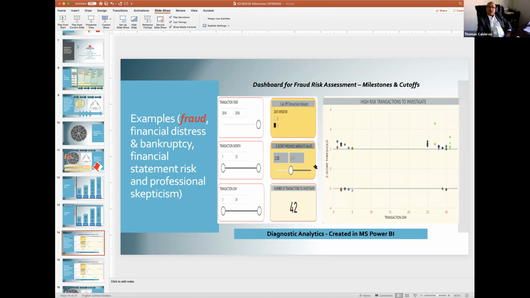Well, a further thing that I did is that I can filter on my z-score. Absolute z-score might go from 0 to, in this case, the highest z-score that I have in the data sample is 4.61.